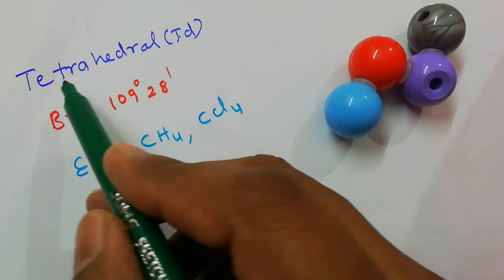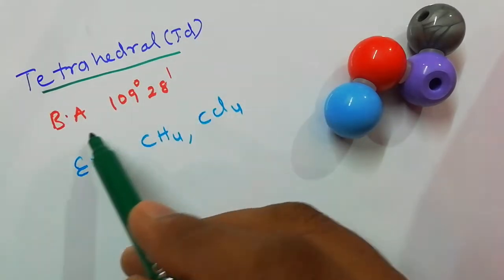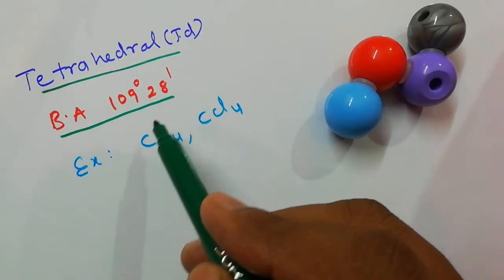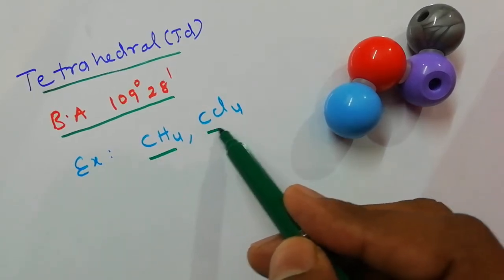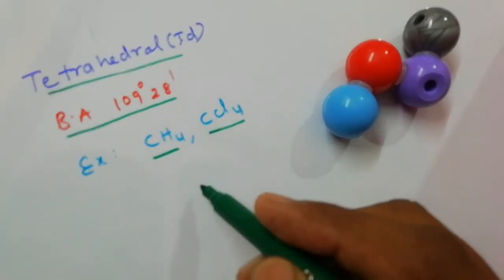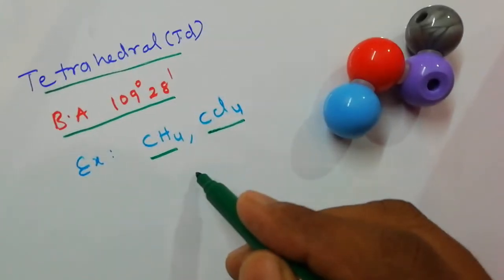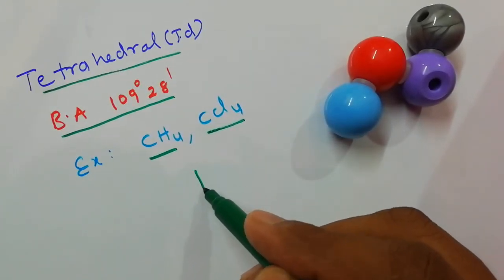See, the next geometry is tetrahedral. In this the bond angle is 109 degrees 28 minutes, and the examples are methane CH4, CCl4. So in this geometry, the electron pair arrangement is tetrahedral.